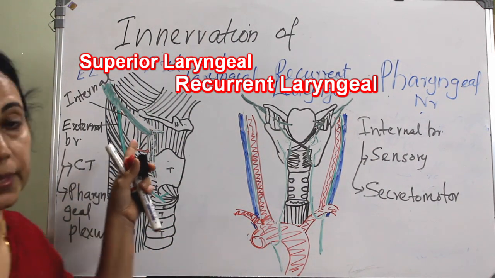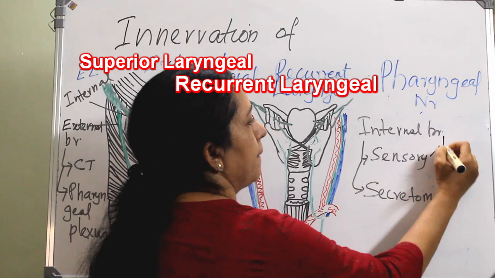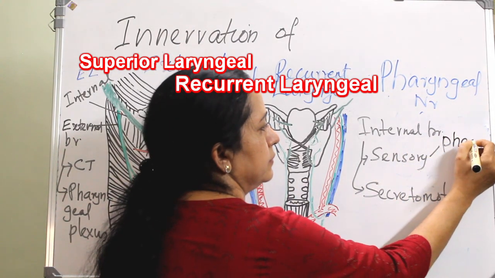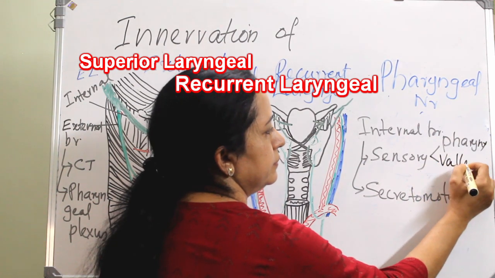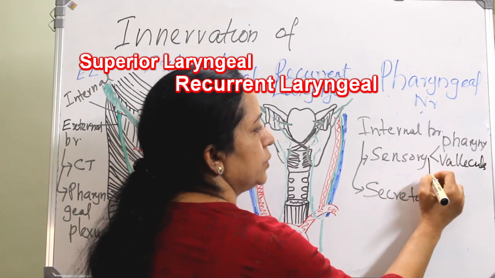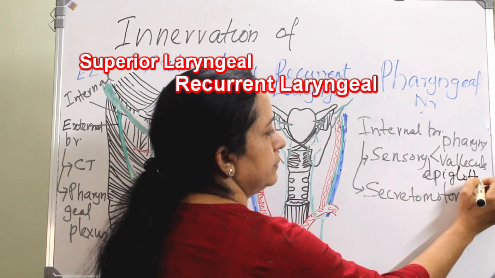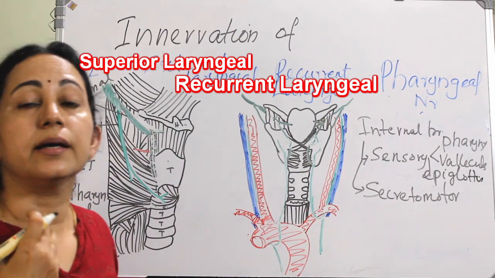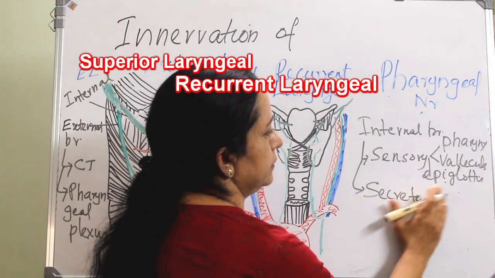Sensory fibers basically to pharynx, then vallecula, then to epiglottis and the laryngeal inlet above the level of vocal folds. Okay.